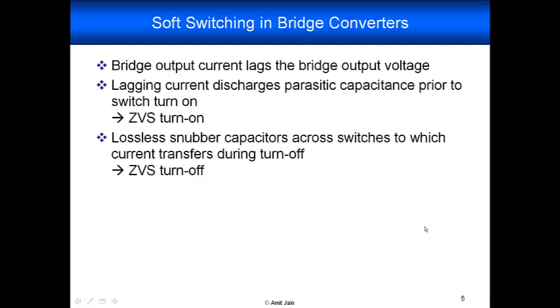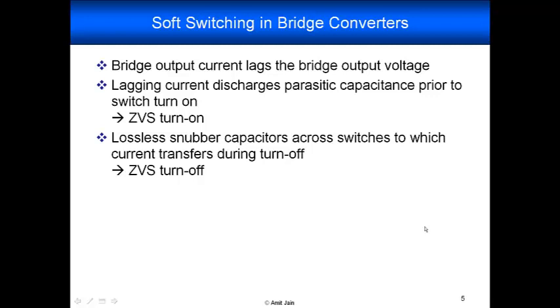So as you may have already seen, in load resonant converters, which are basically a bridge converter followed by an LC tank, the way we can get 0 voltage switching for the switches is if the current output of the bridge lags the bridge output.